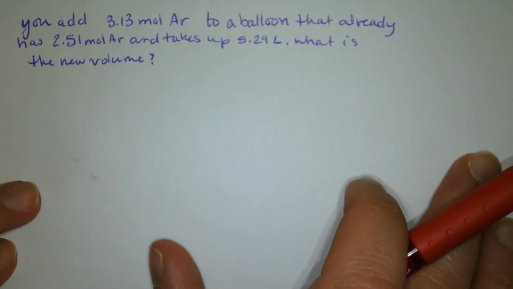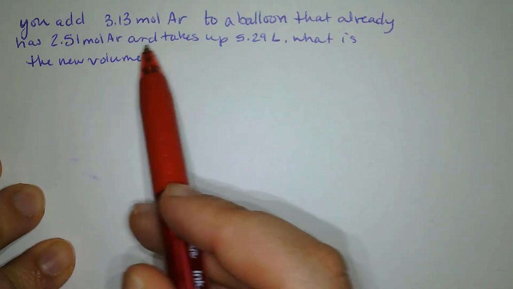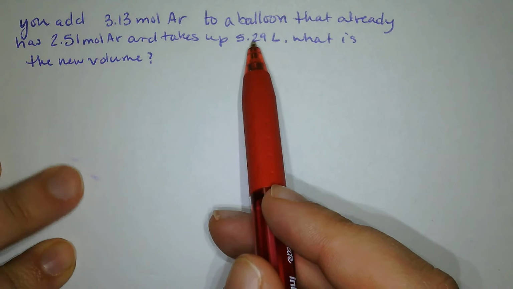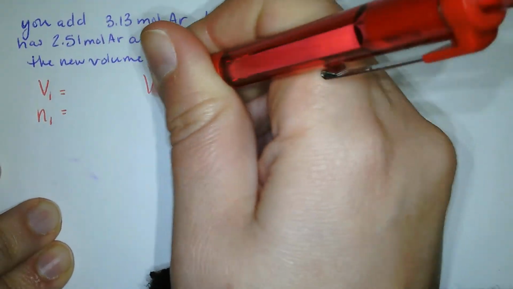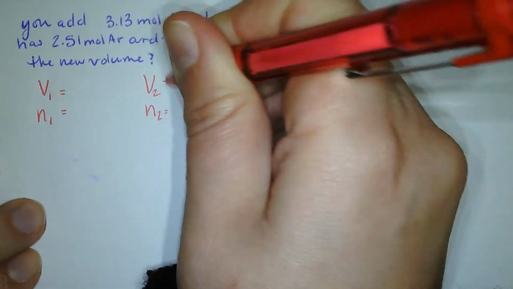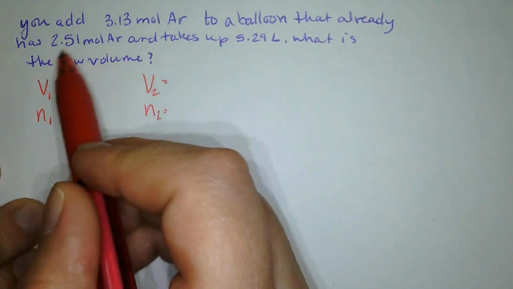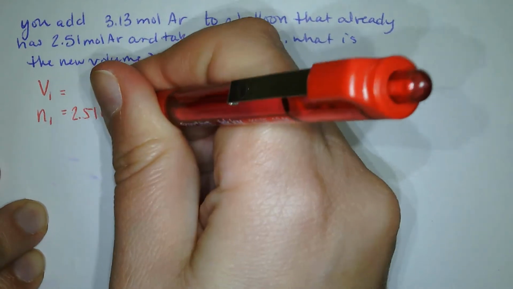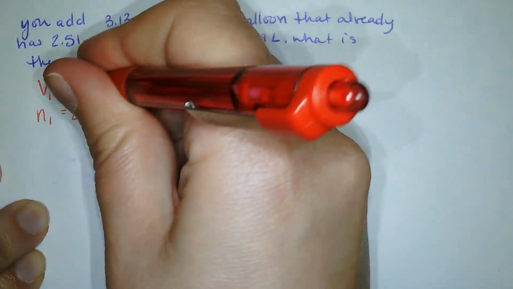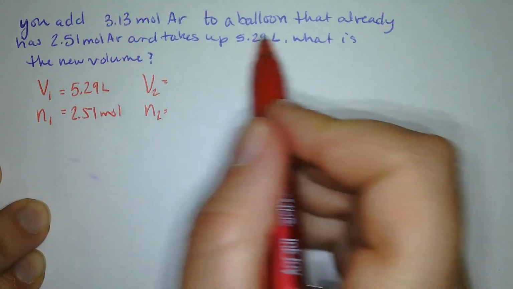You add 3.13 moles of argon to a balloon that already has 2.51 moles of argon and takes up 5.29 liters. What is the new volume? So V1, N1, V2, N2. So this is adding. So this is the second scenario. So let's look. It already has 2.51 moles and takes up 5.29 liters. So those are the initial conditions, the starting amount.